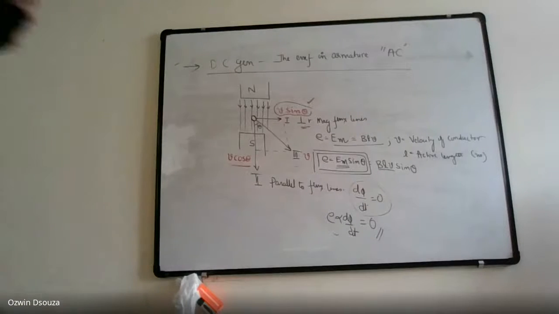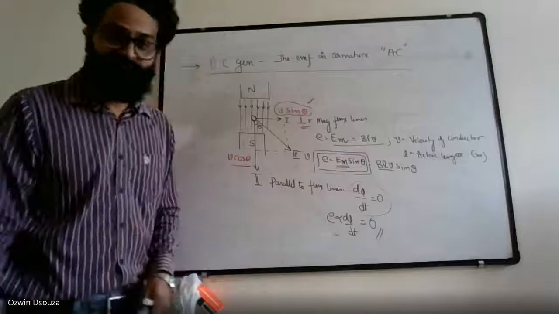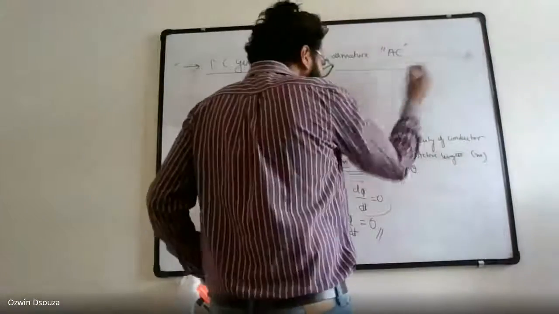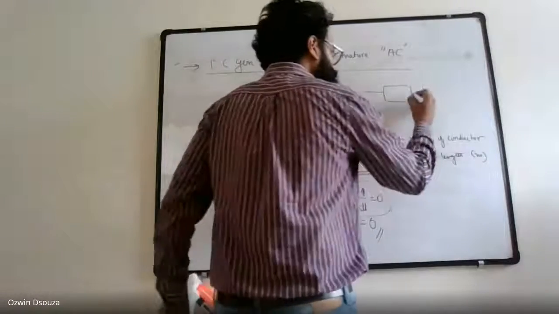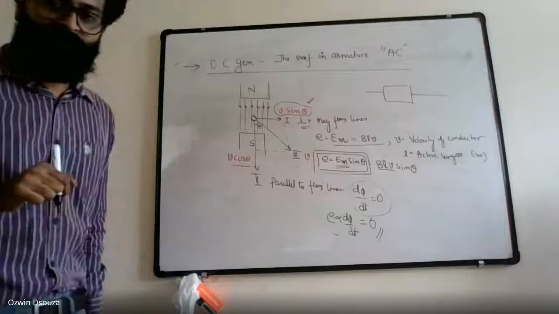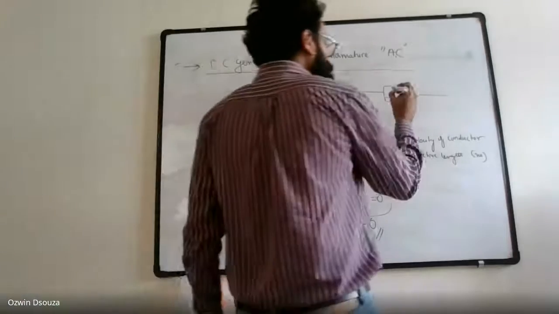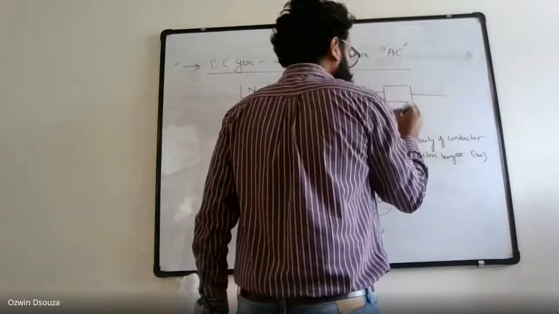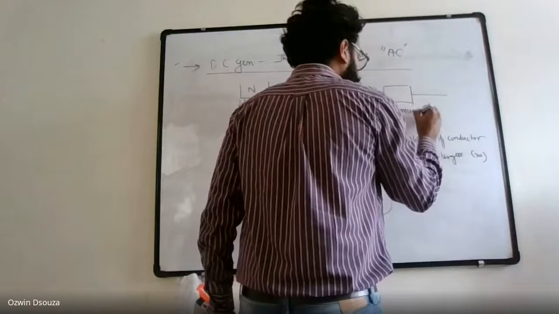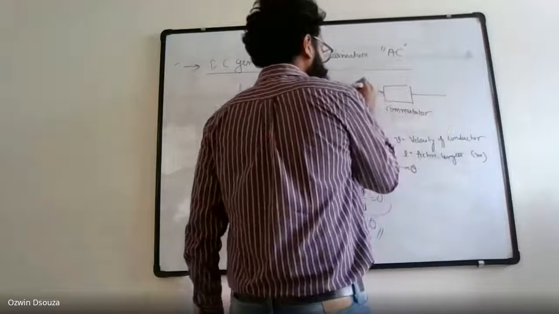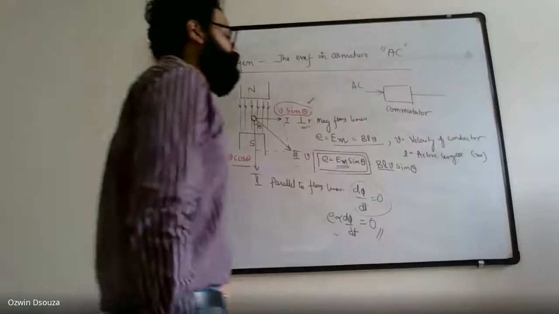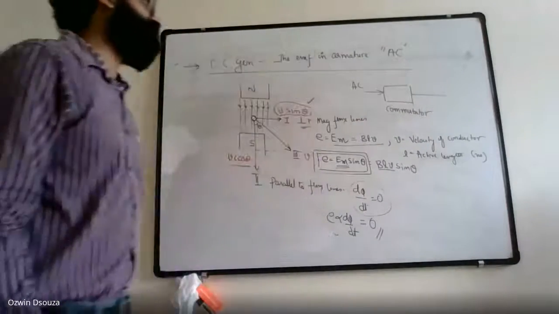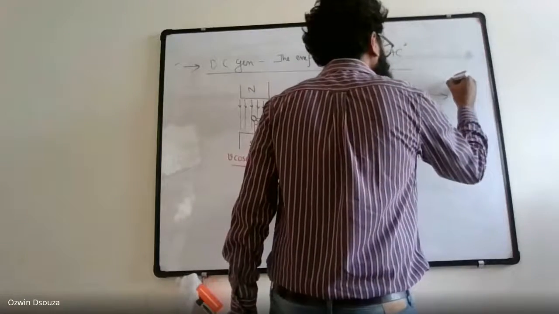But our objective is to produce direct current electricity. That is the reason the alternating current in a DC generator is made to flow through the commutator. This process is called commutation. By a process called commutation, bidirectional electricity can be converted into unidirectional electricity.